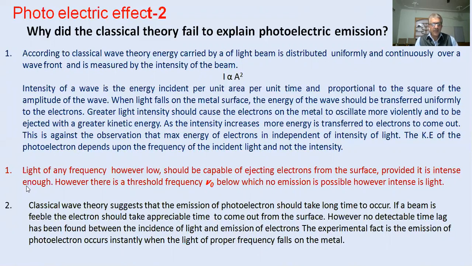Again, in wave theory of light, there was a suggestion that light of any frequency, however low it is, should be capable of ejecting electrons from the surface, provided that it is an intense beam.